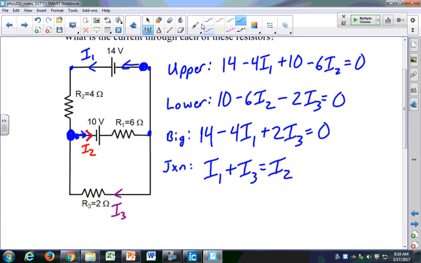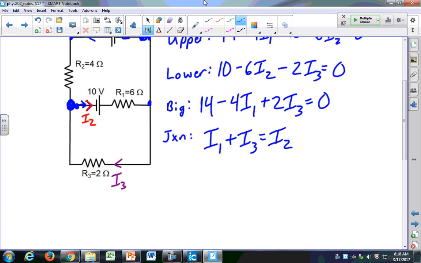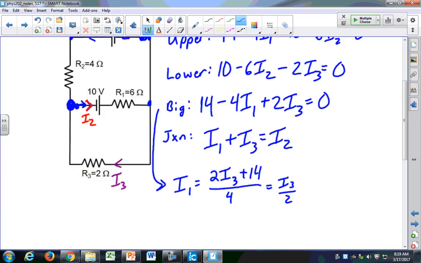So given that approach, let's take this equation and solve it for I1. That's I1 equals 2I3 plus 14, divided by 4. So that's I3 over 2 plus 7 over 2.